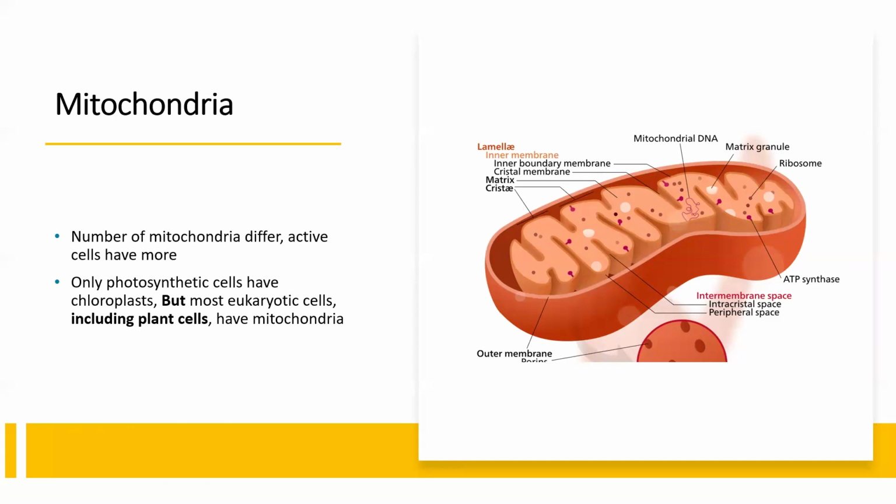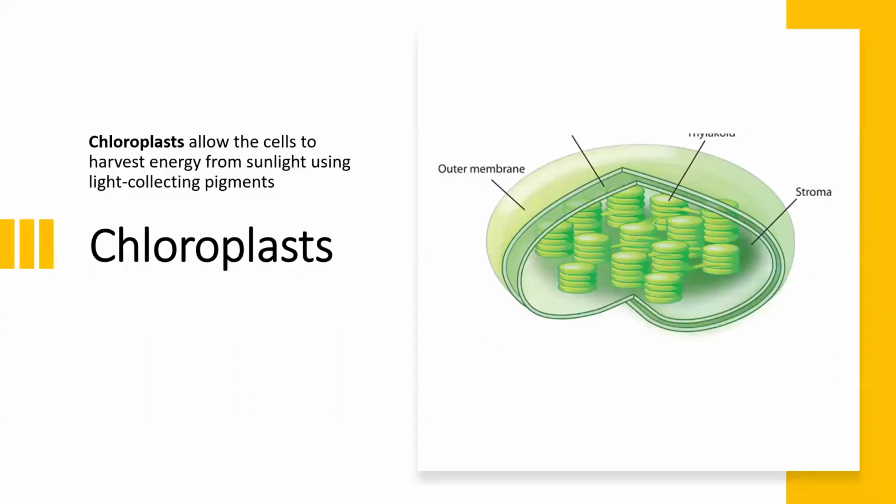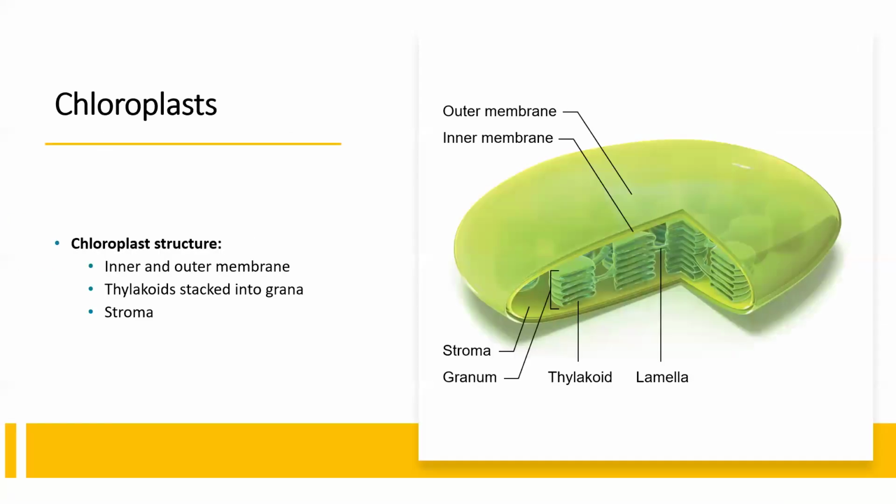Now, not all cells have chloroplasts, but plants and other photosynthetic organisms are going to have chloroplasts. But even if they have chloroplasts, they also have mitochondria. The chloroplast basically allows you to capture sunlight energy in these pigments like chlorophyll and convert that into sugar.